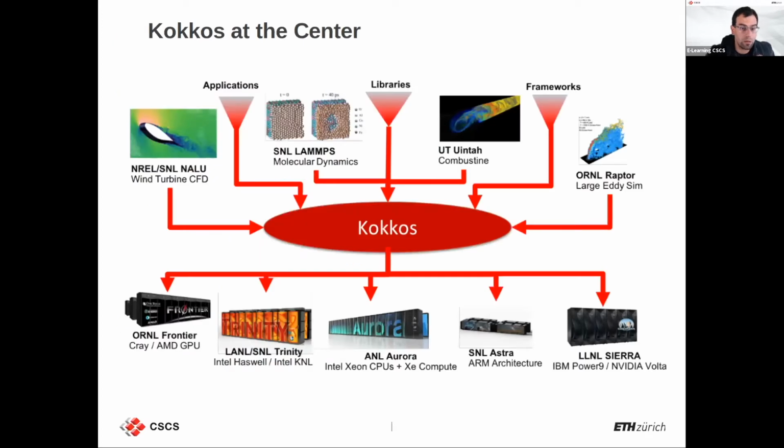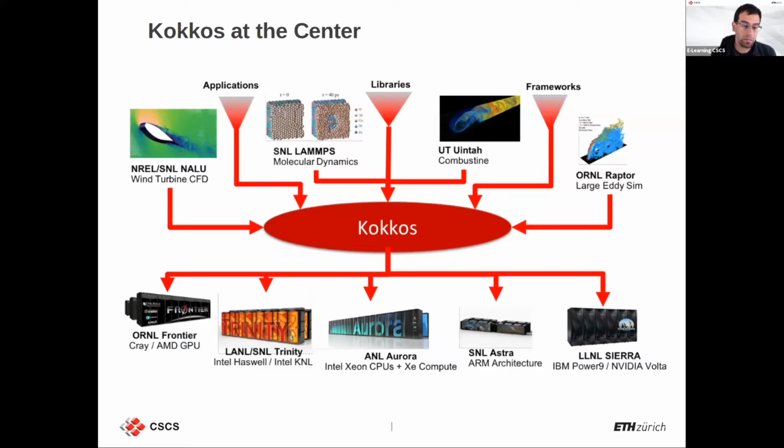So if we can describe Kokkos, Kokkos is at the heart of the system. On one side, we have simulations, for example wind turbine, CFD, molecular dynamics. For example, LAMMPS is based on Kokkos. There is the Sierra Toolkit, which is based on Kokkos, and LGA simulation.